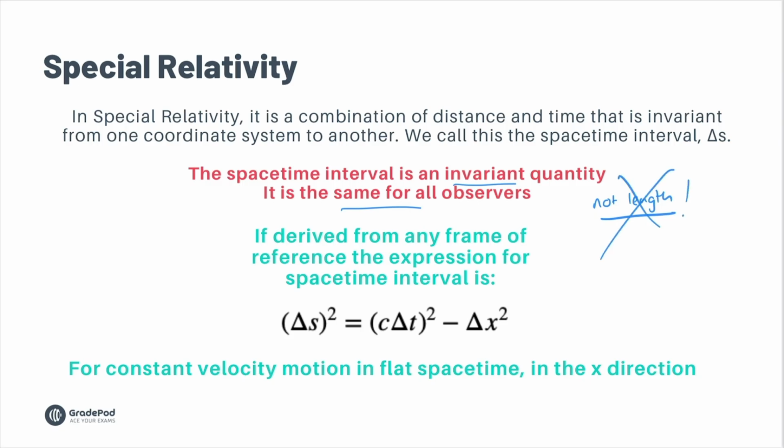It's something else, and it's called the space-time interval. It's given the symbol delta S, space-time interval. You can derive this, you don't need to, but what you need to know is, for special relativity, the combination of distance and time is invariant from one coordinate system to another. And that's called the space-time interval, and you can find it using this equation here.